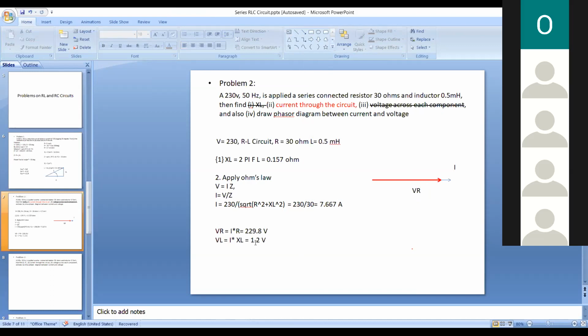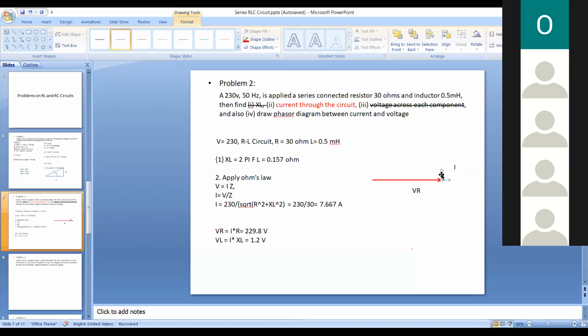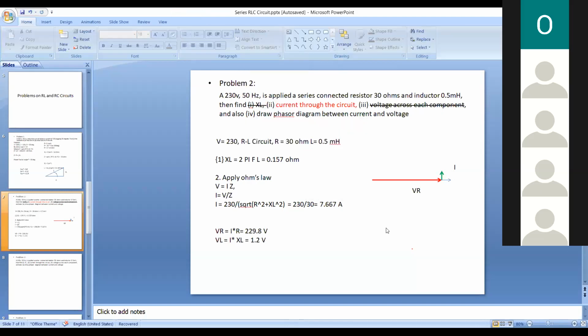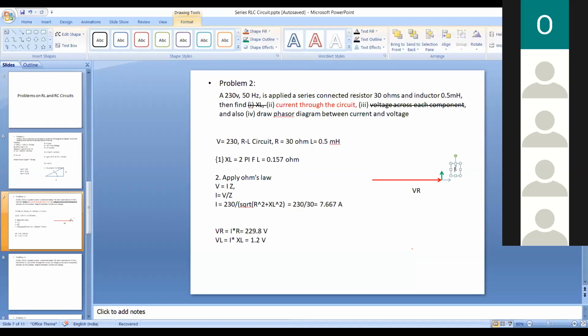While projecting VL, you have to apply your logic. 1.2 volt, when you compare with 230 volt, is like a drop in the ocean. So 1.2 volt should be of very small value. So some different color, and probably a thicker line. So this is your VL.